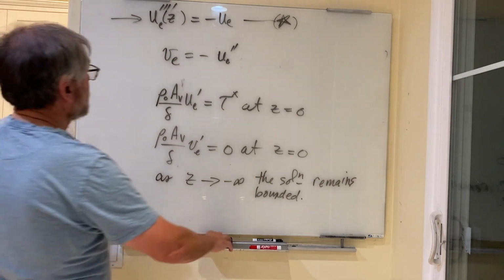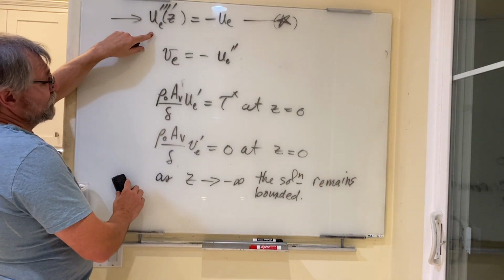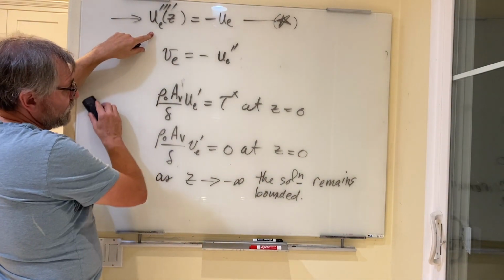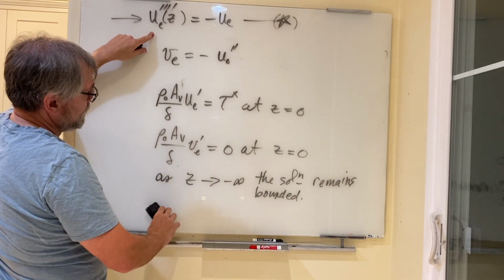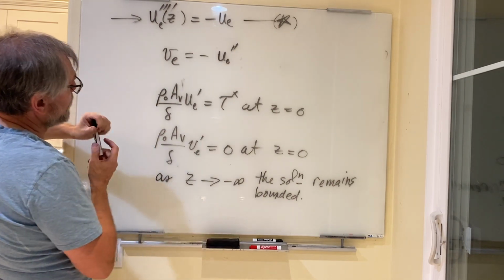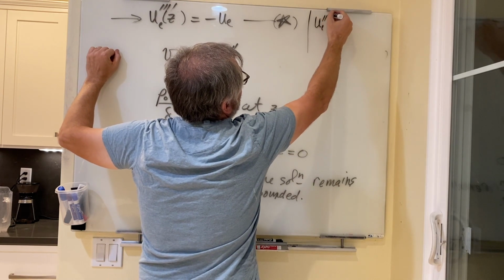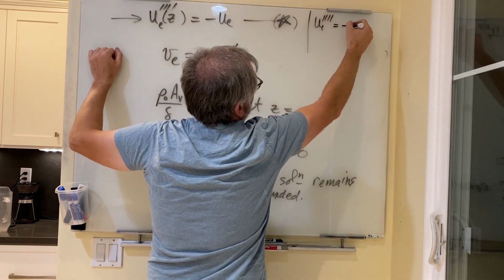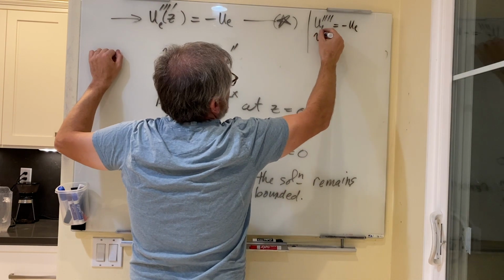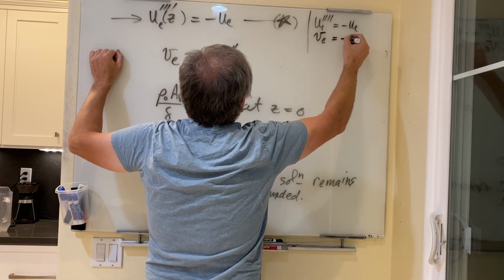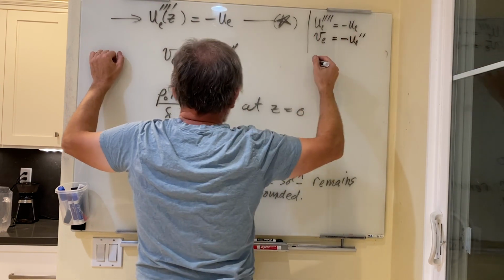All right, so this is a constant coefficient linear differential equation. Maybe I should write these somewhere else so I can keep them. Okay: UE fourth derivative equals minus UE. VE is equal to minus UE double prime.